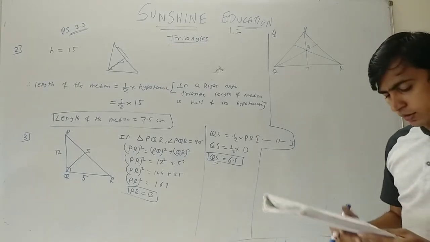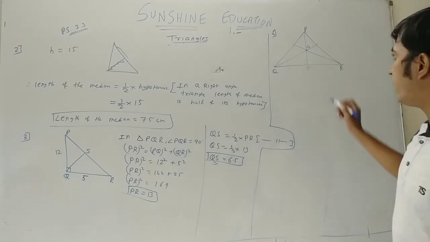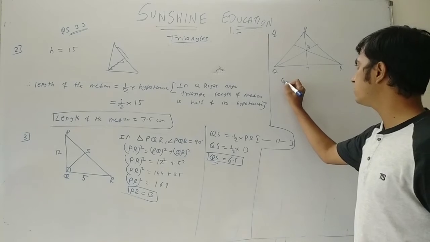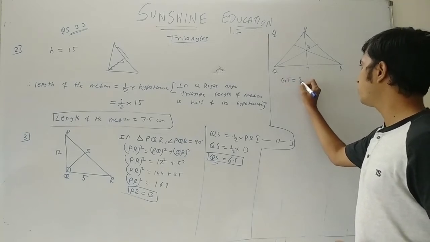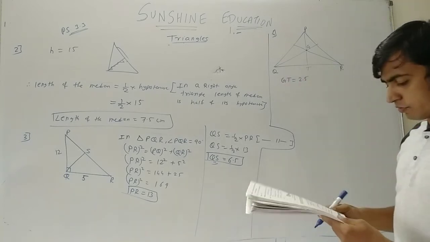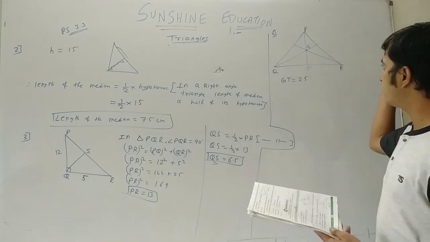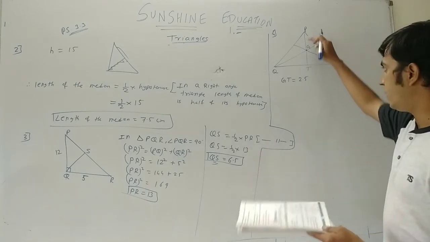So if GT is 2.5, find the length of PG. Where is PG? PG and PT.